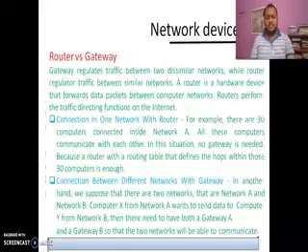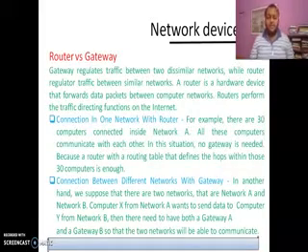Now next is routers versus gateway. Now a gateway regulates traffic between two dissimilar networks, whereas routers work with identical networks. A router is a hardware device that forwards data in the form of packets between computer networks. A router performs the traffic directing functions, means it will route the traffic from one place to another.